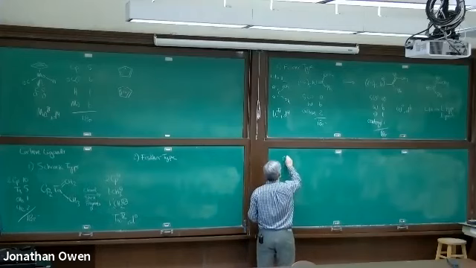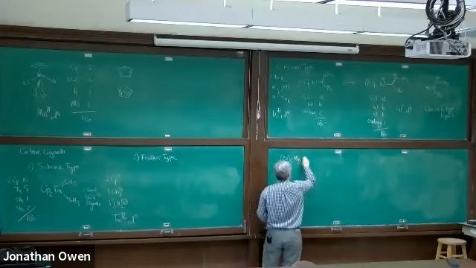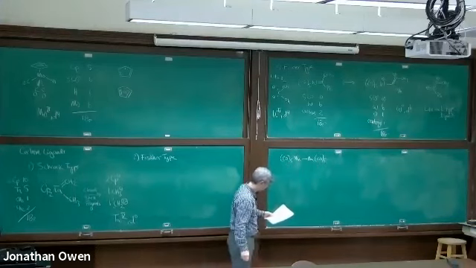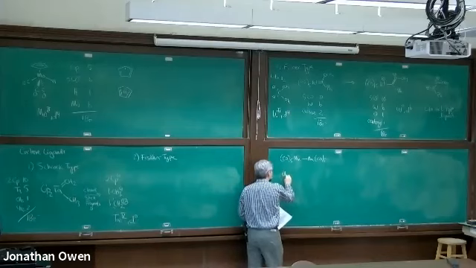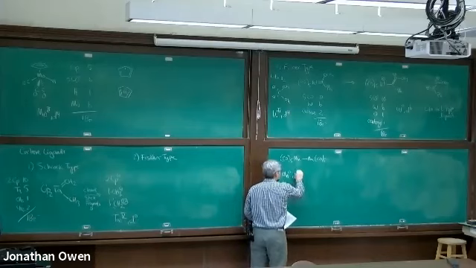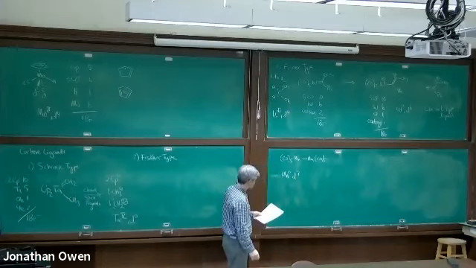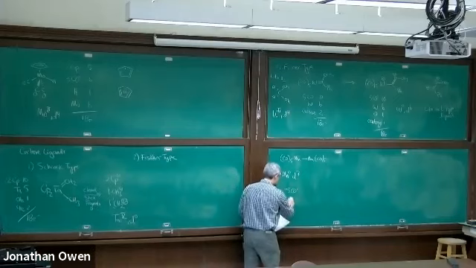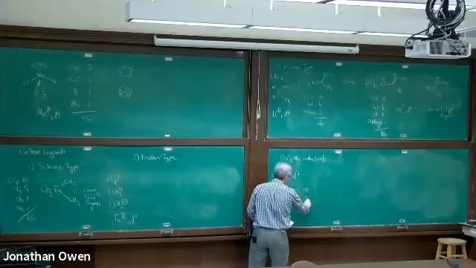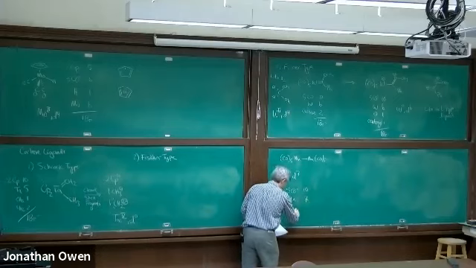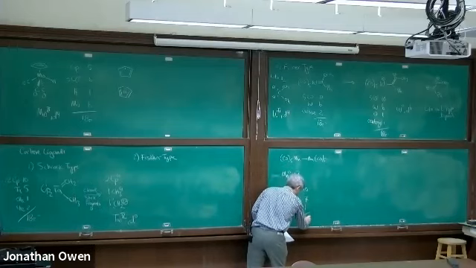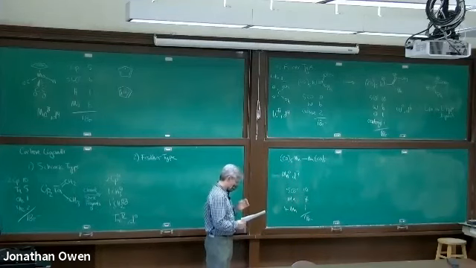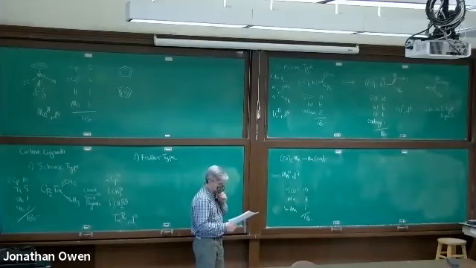For example, this pentacarbonyl manganese dimer is manganese 0, d7. 5 COs, that's 10 electrons, manganese is 7, and then you have this manganese center bonded to it, which brings 1 electron. 18 electrons around those manganese centers, but you don't get a change in the oxidation state because the manganese are the same.